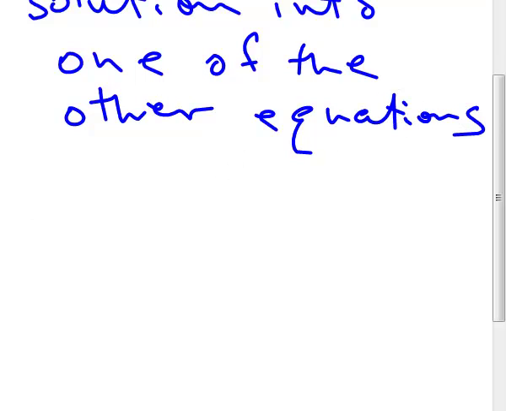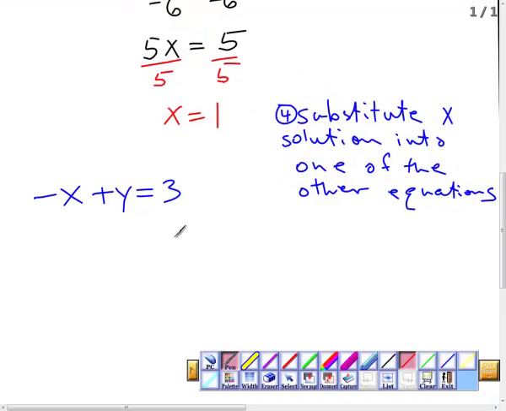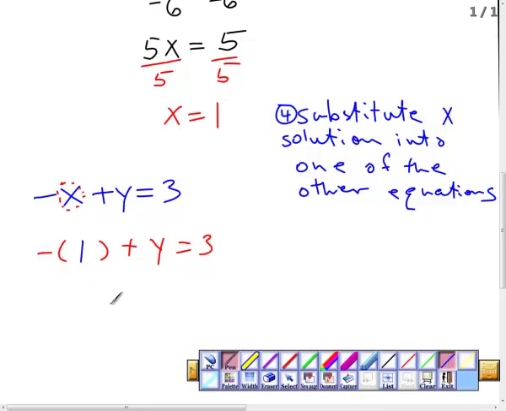Since x equals 1, it's like we're cutting that x out, because we've got to put 1 in there. Put parentheses. So this would be negative, parentheses where the x was, plus y equals 3. And what's going to go in there for x? The 1. We put 1 in there.